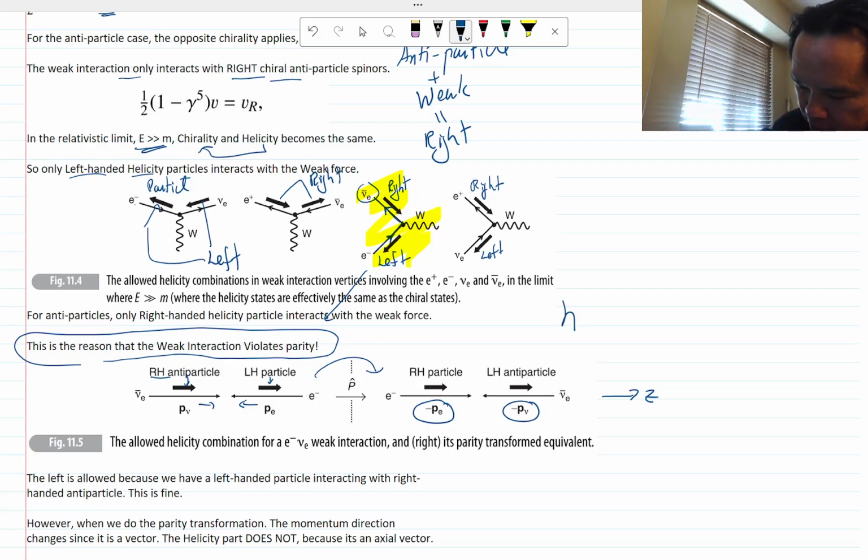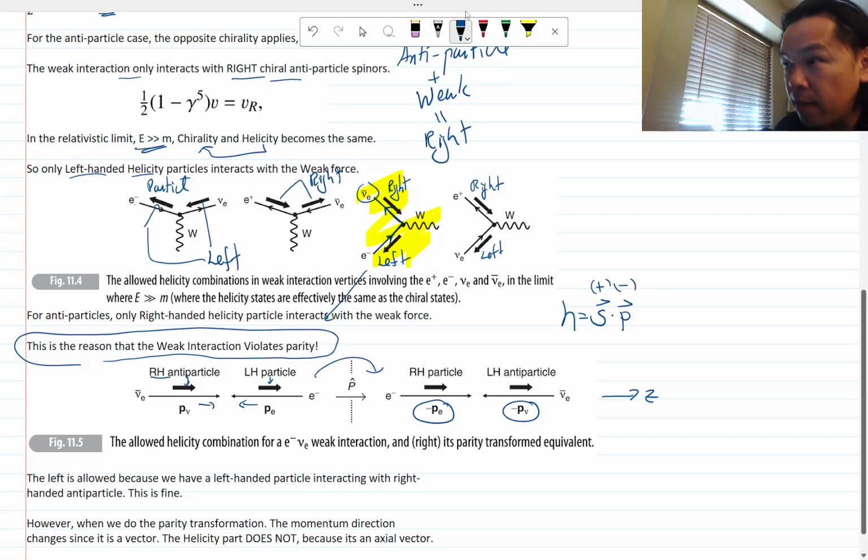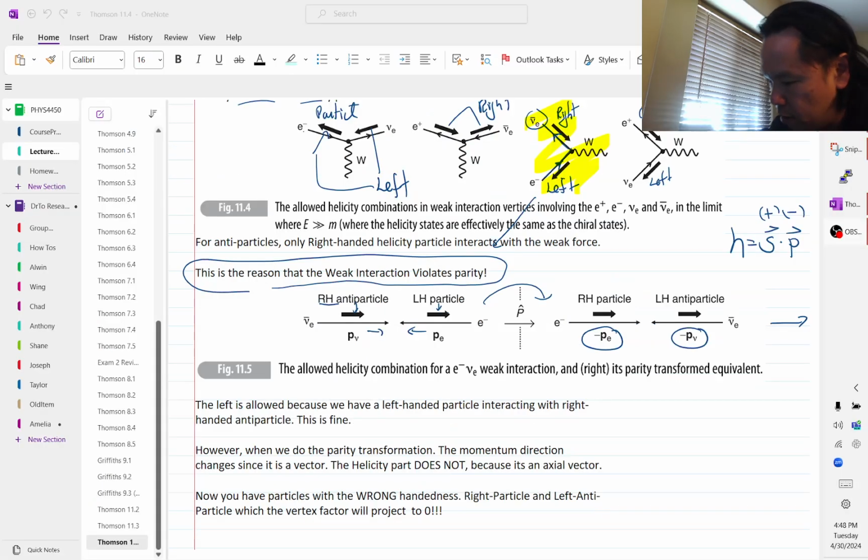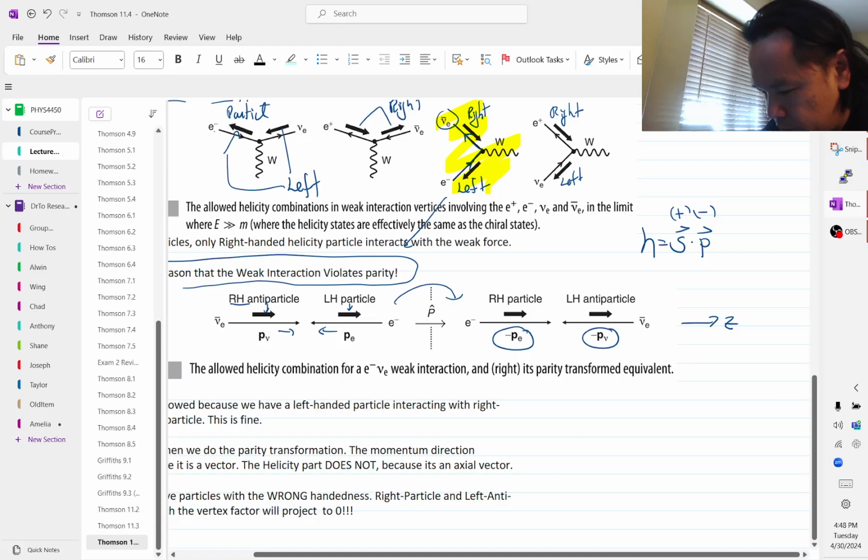But helicity is s dot p, so let's see, V minus A. Sorry, helicity is actually a pseudoscalar.